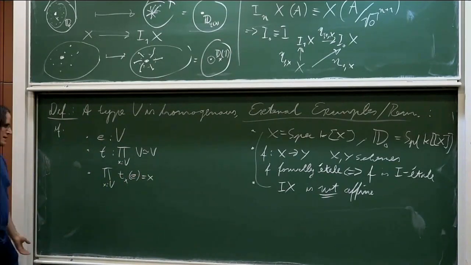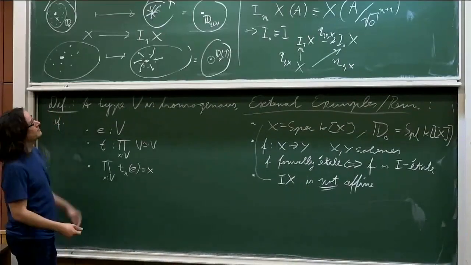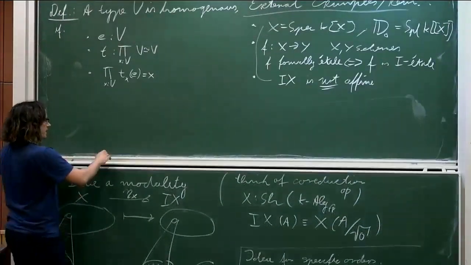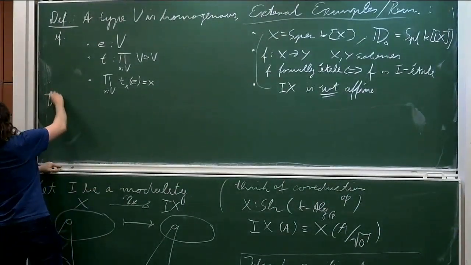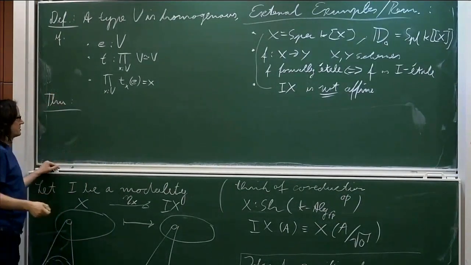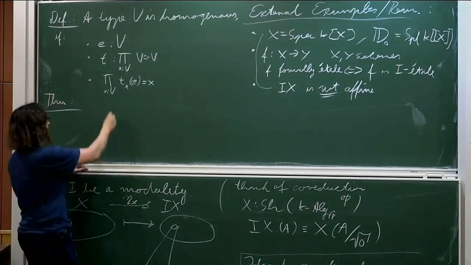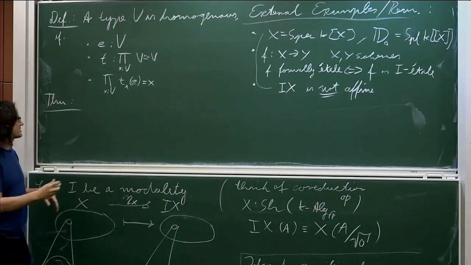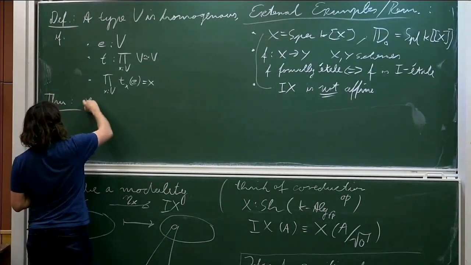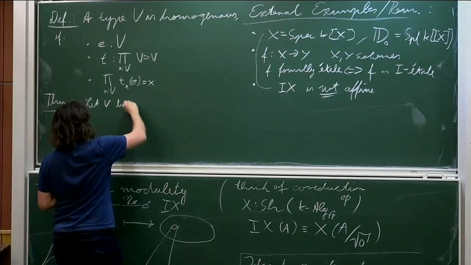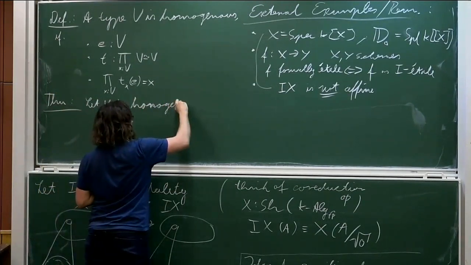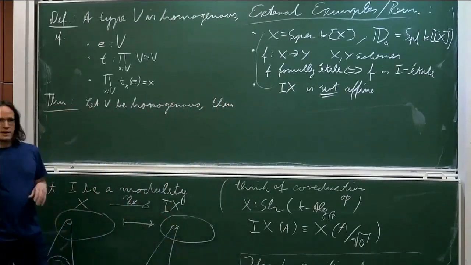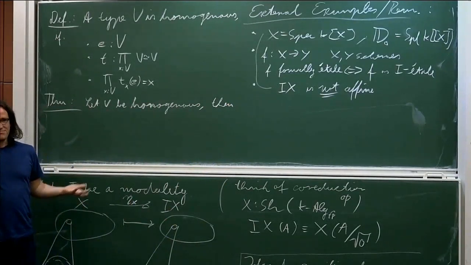Okay, and what I can do now is I can already prove the theorem which was used. And what it says, in a more type-theoretic way to express it, is if V is a homogeneous space, then all its formal disks are equal.